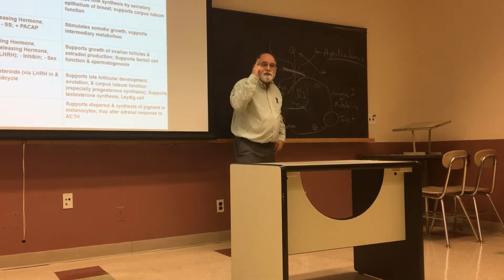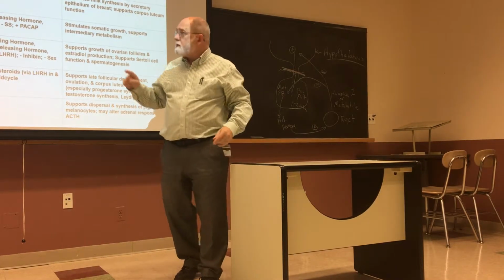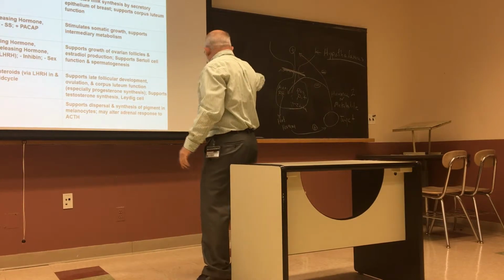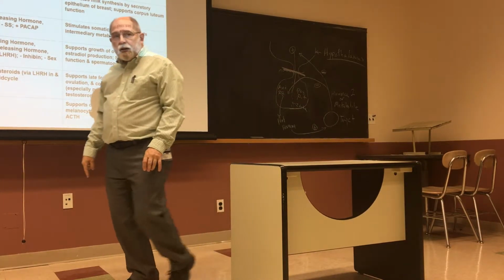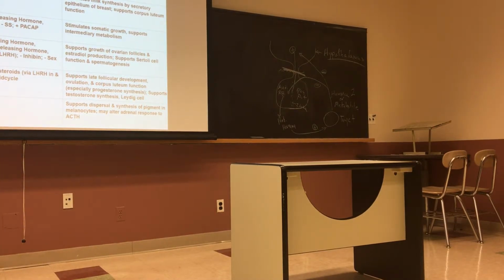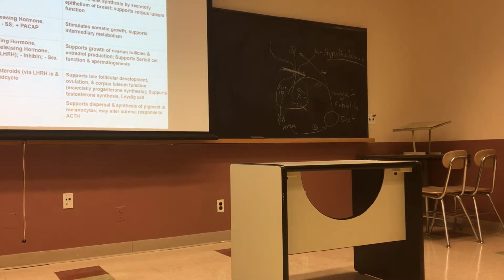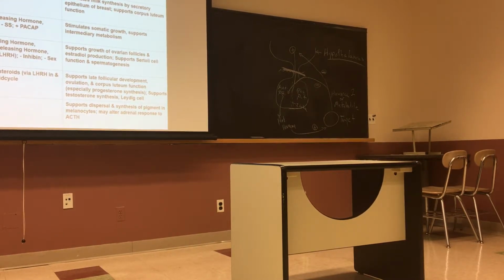Now, there is one exception to all these hormones from the anterior pituitary going down, and that is prolactin, which is also known as mammotropin or luteotropin. It's coming from the lactotrope or the mammotrope, same cell type. That's because the primary control on production of prolactin is negative.